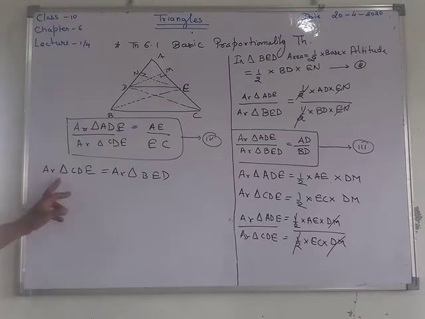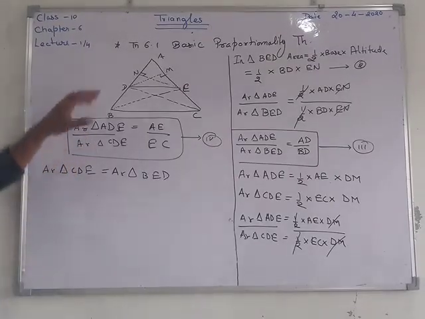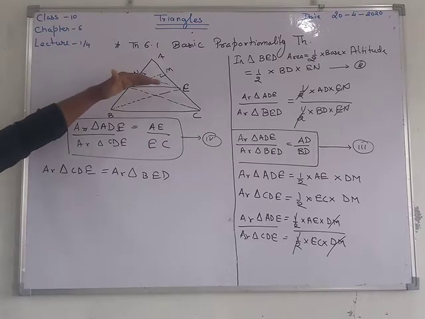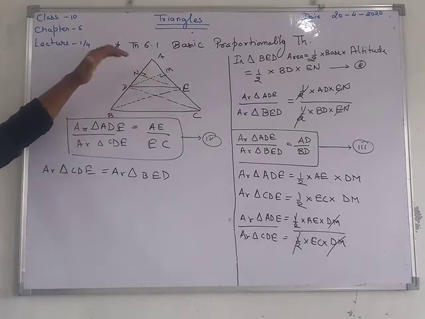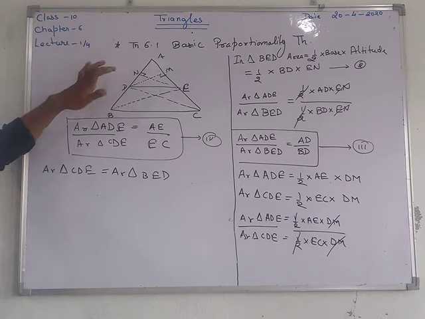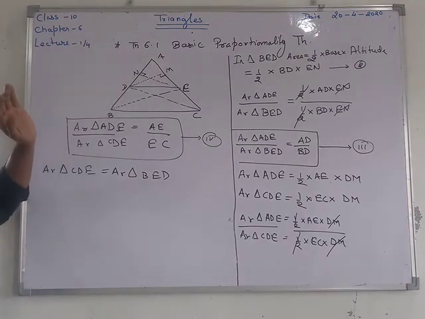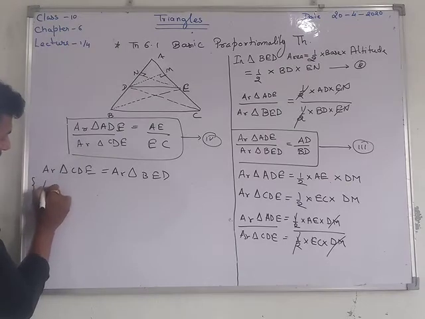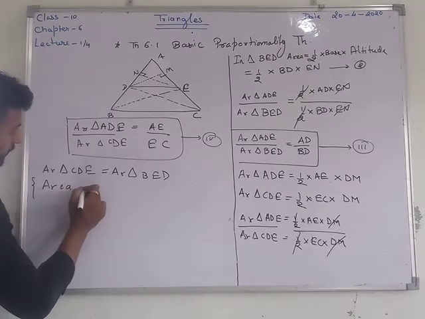Why is the area of these two triangles the same? Because triangles having the same base and lying between the same two parallel lines are always equal in area, by the property of area of triangles.